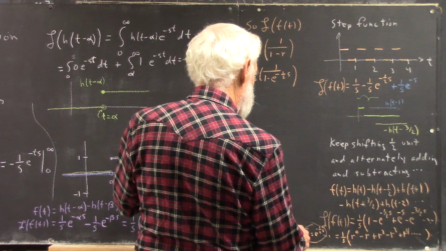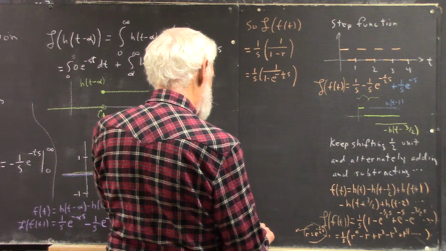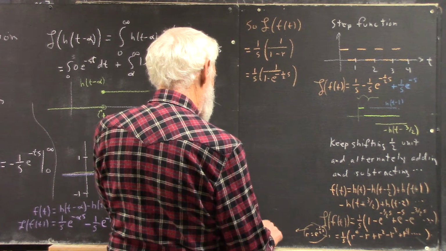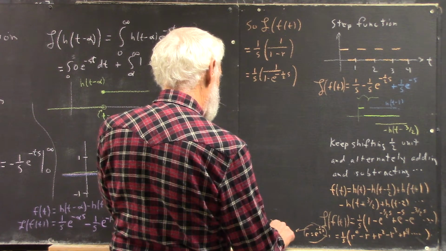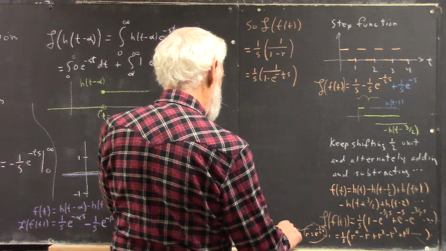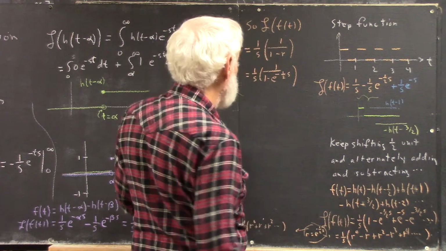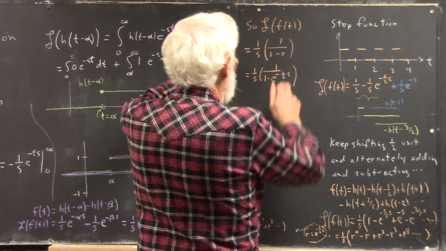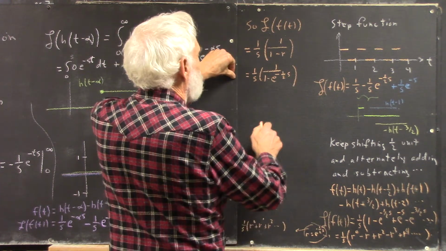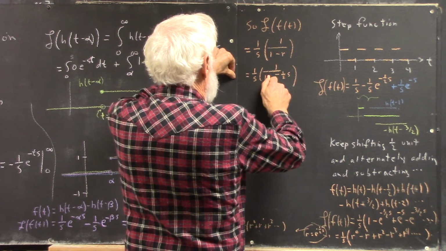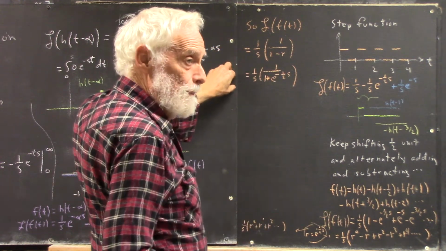If r is this, then it's 1/s times r to 0 plus r to the 1 plus r to the 2 and so forth. We don't need the alternating. Okay? So that when we do 1 minus r, it's 1 minus negative e to the 1/2 s if we want plus e to the negative 1/2 s.